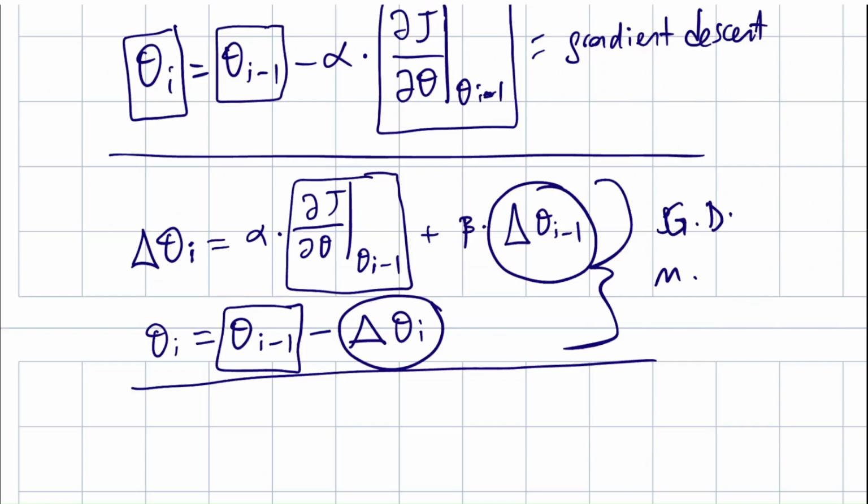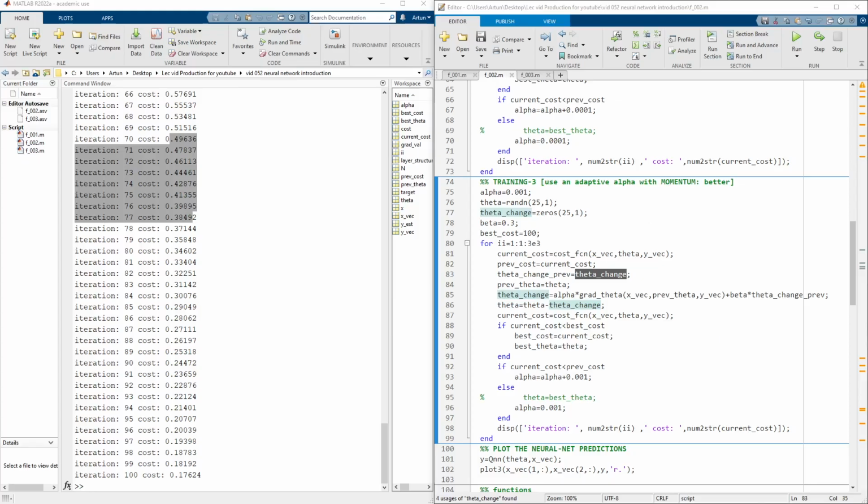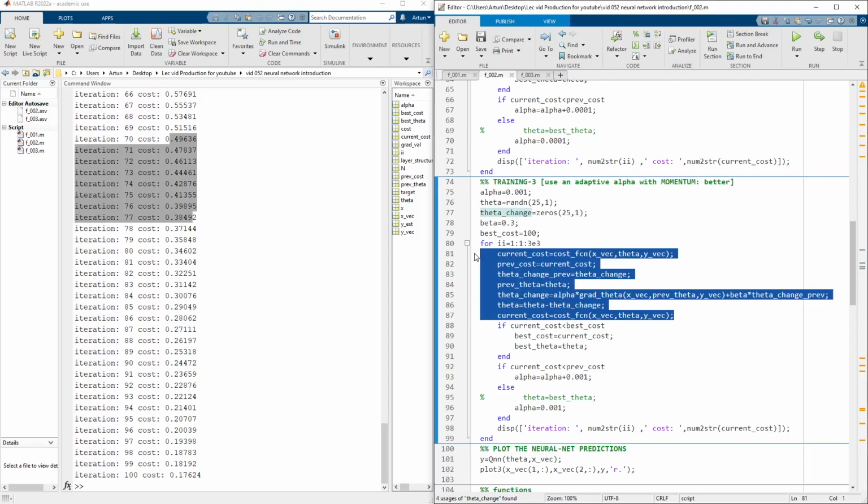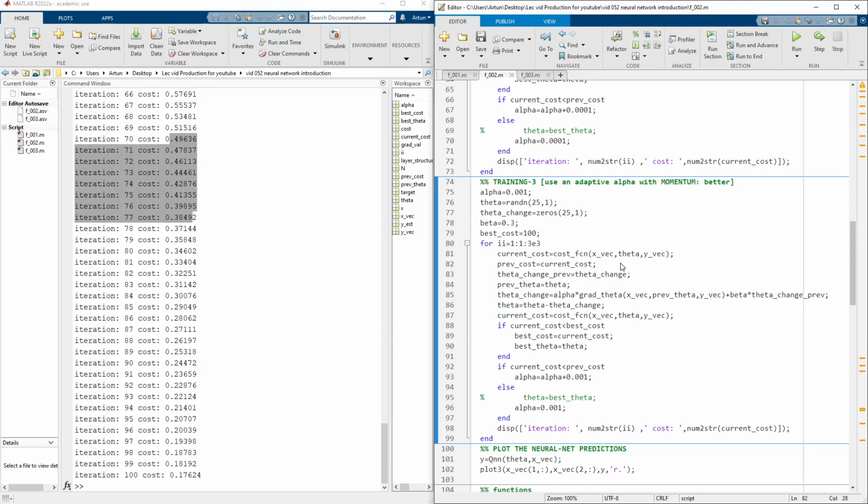If you keep those two equations in mind, and let me go back to Matlab, you will realize that those 5 or so lines are identical to the gradient descent and momentum equations we just wrote on the tablet.